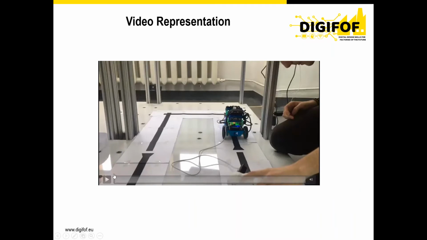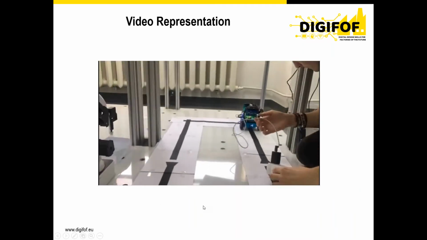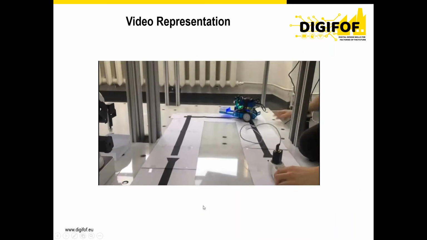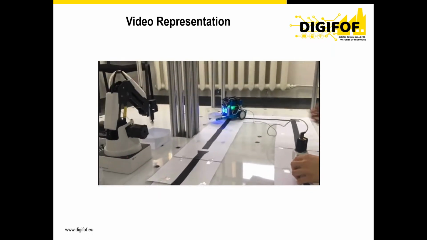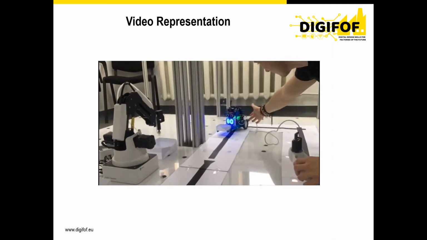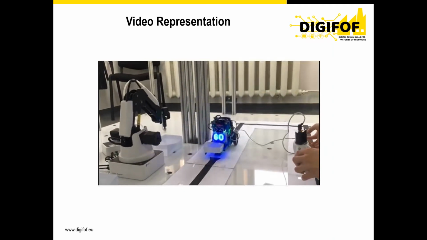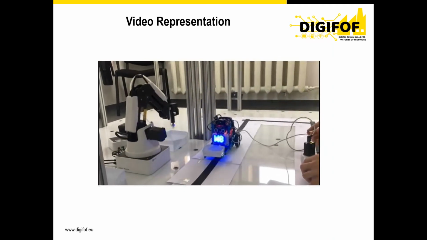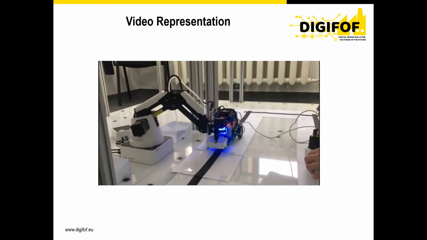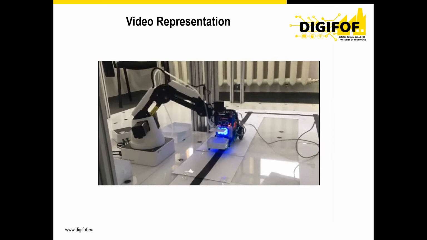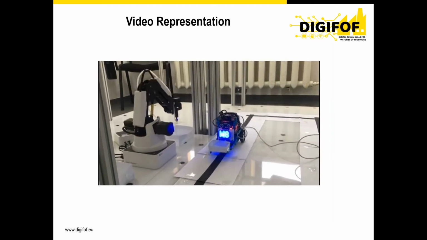Here is the video of how my application works. So the mbot is filled with pieces and goes to the robotic arm where it needs to be separated. It stops onto the gap, and the Dobot will start loading the pieces into the container.